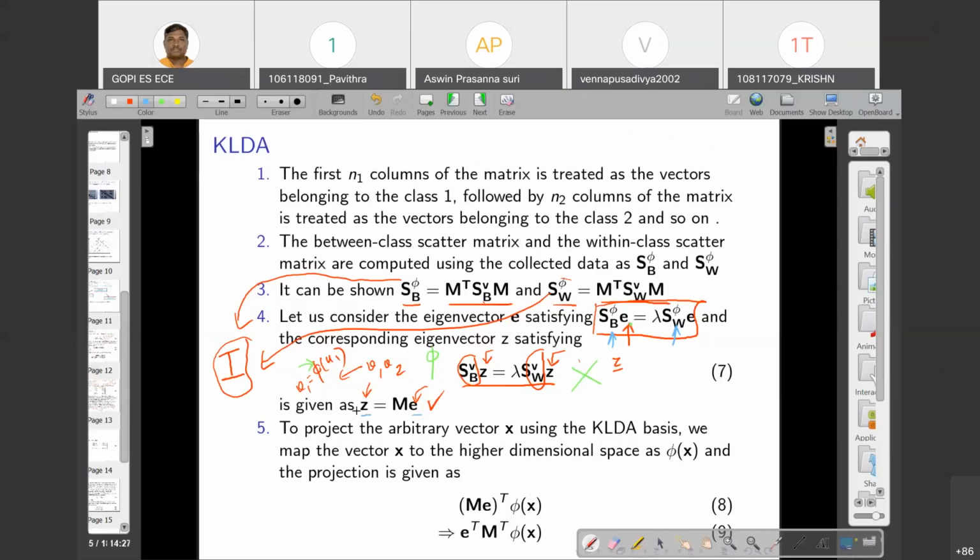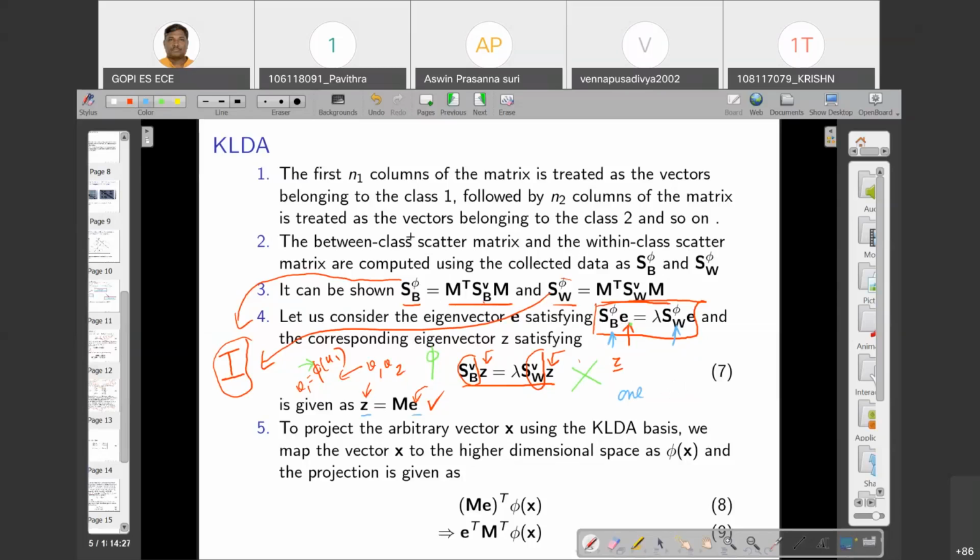Once this eigenvector E is known, we can find out these eigenvectors. Let us consider the projection with only one eigenvector, but the method is common for the other eigenvectors. The procedure is the same as that of PCA and LDA.